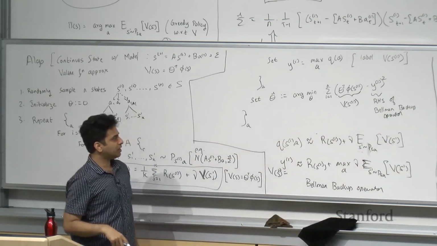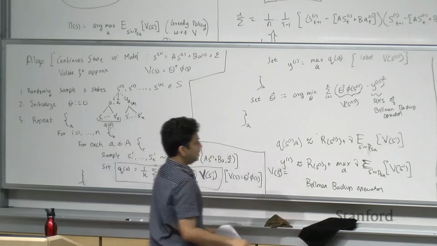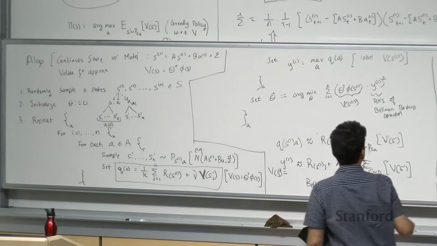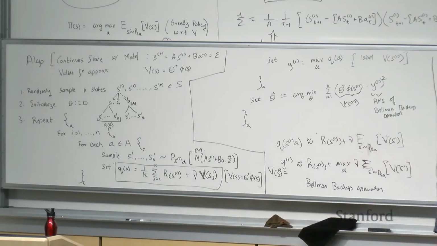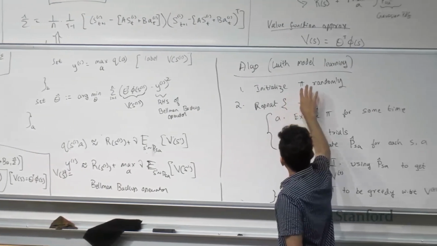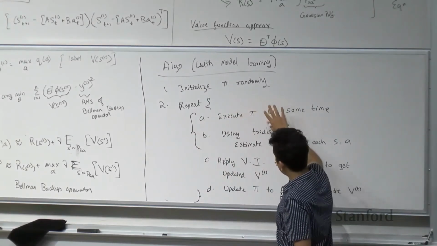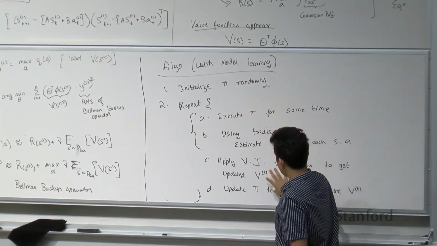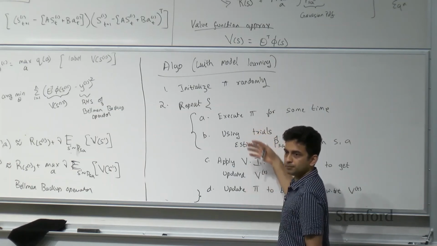Right? So what's happening here is that, first of all, let's see the ways it is similar to this. In the discrete setting, we were learning both the model and performing value iteration kind of intertwined.